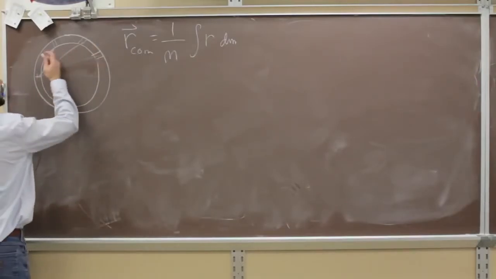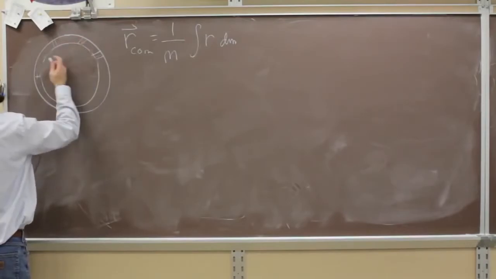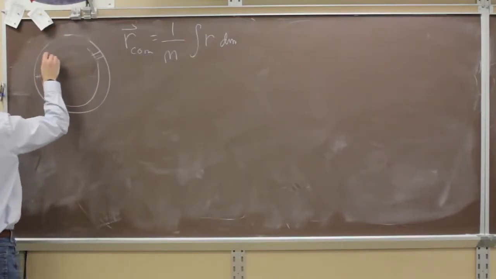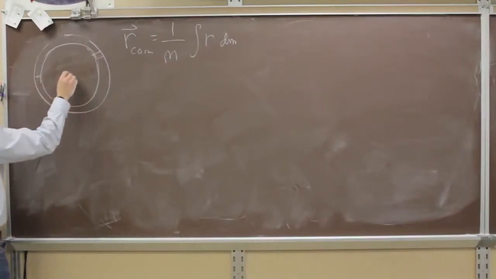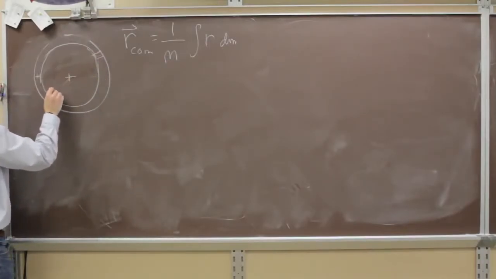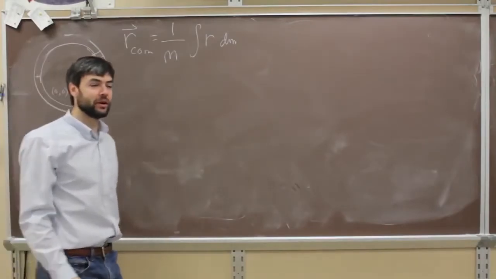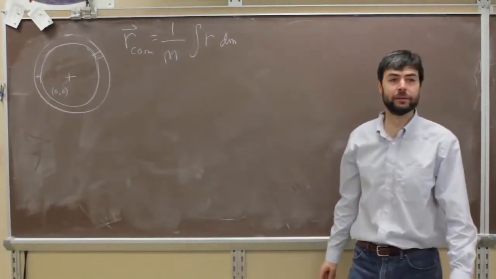So this would be bad, right? So what's the one place where we can at least keep that variable, the radius, the same? That would be at the center. So we're going to make 0, 0 our origin.